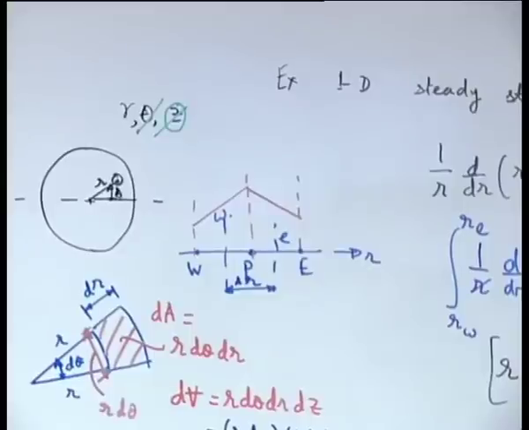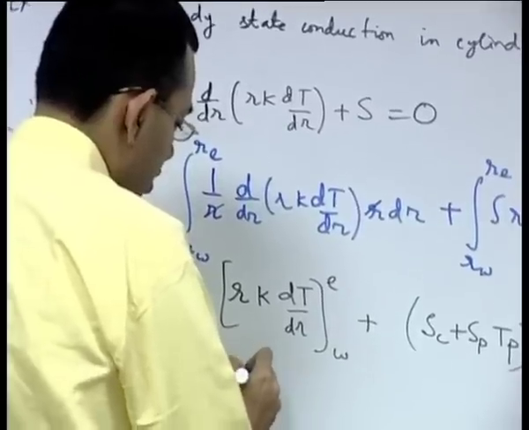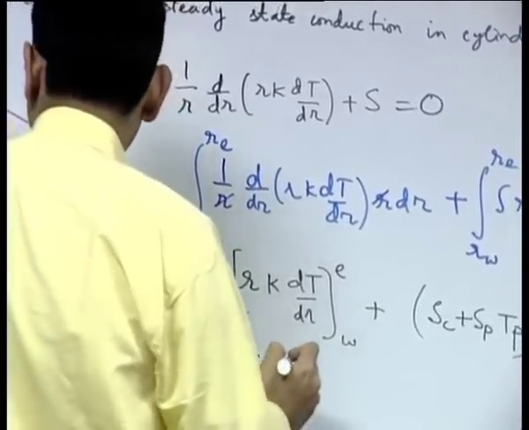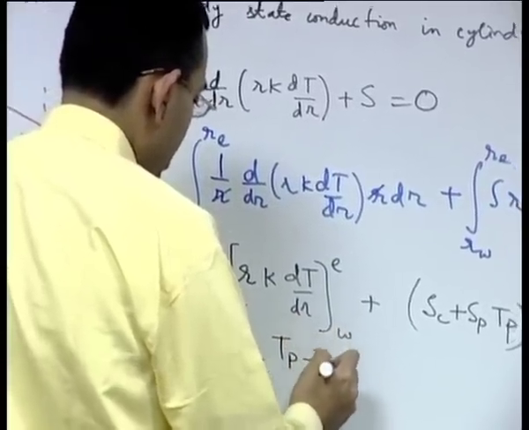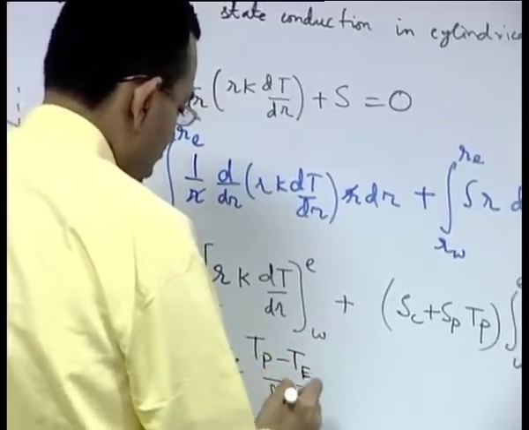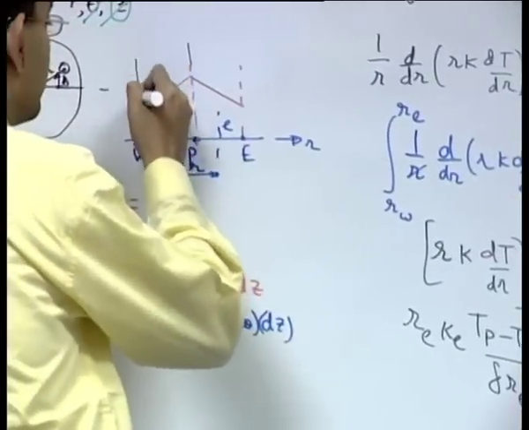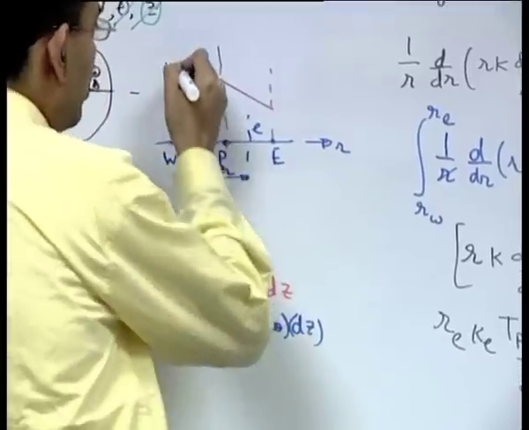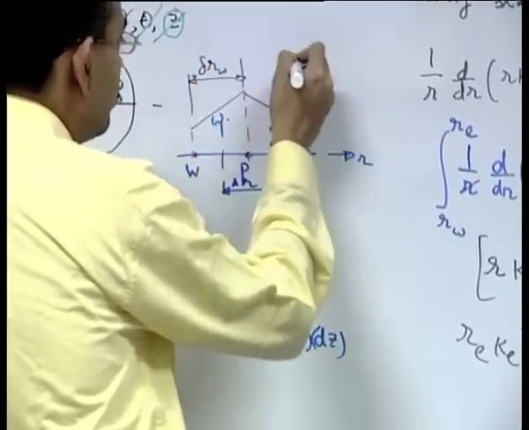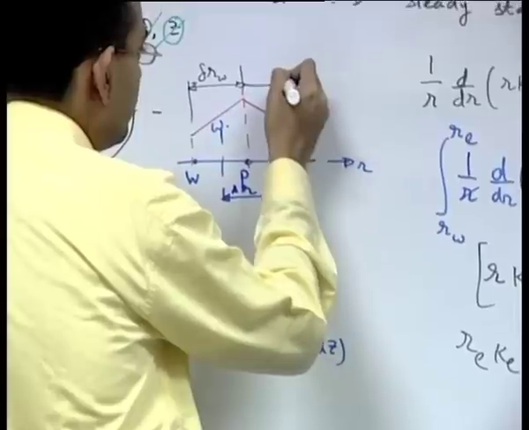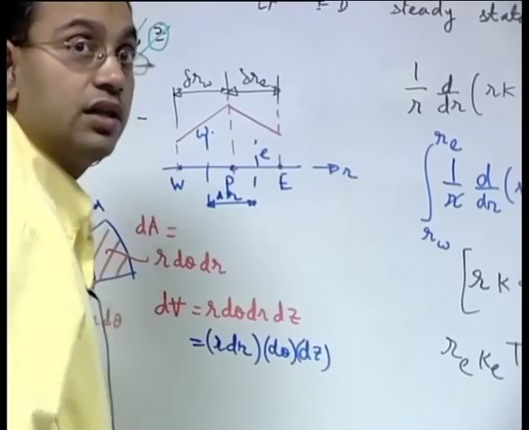So, if we do that we can write this as Re Ke into (Te minus Tp) by delta Re. Let us mark the dimensions. This is delta Rw, this is delta Re.